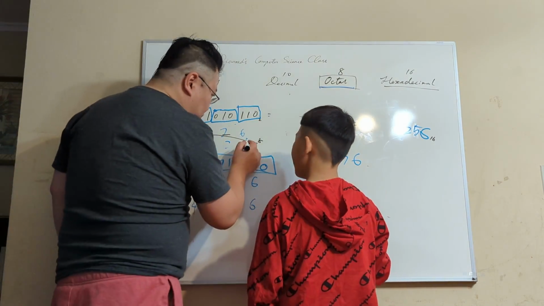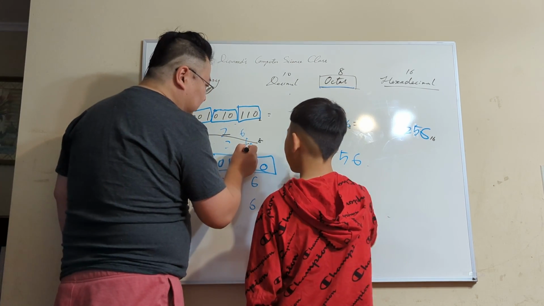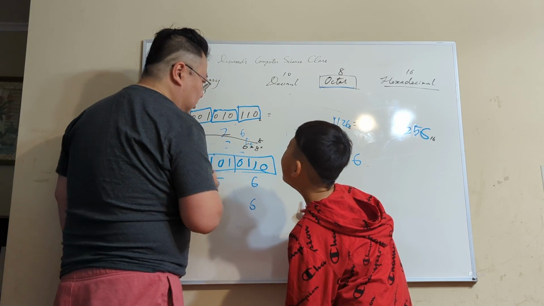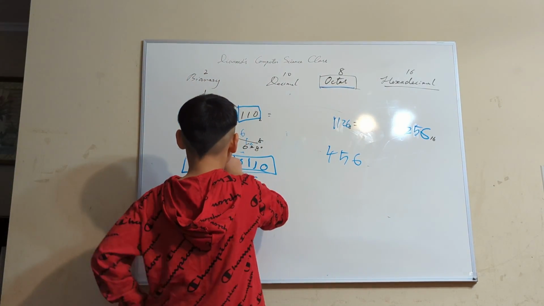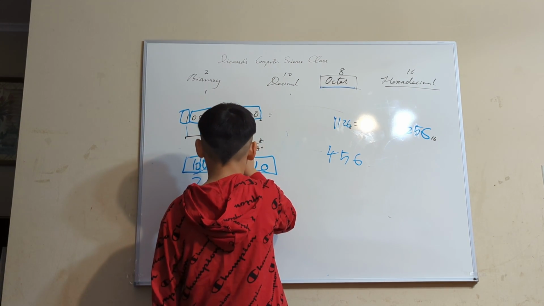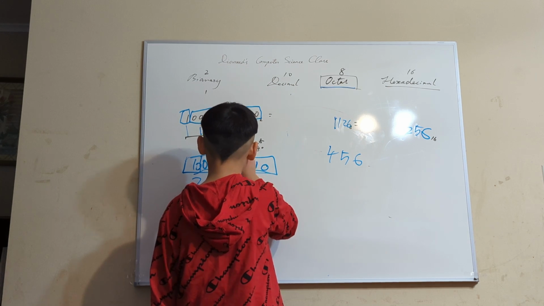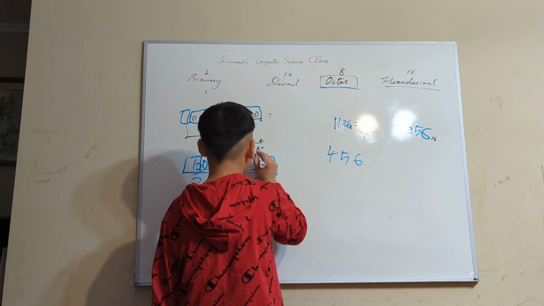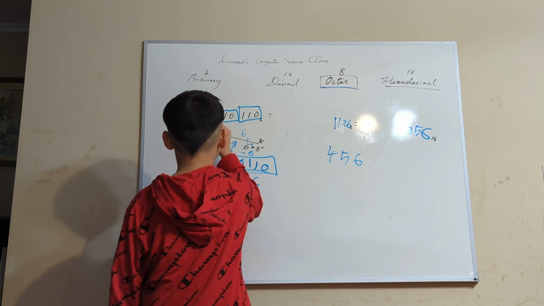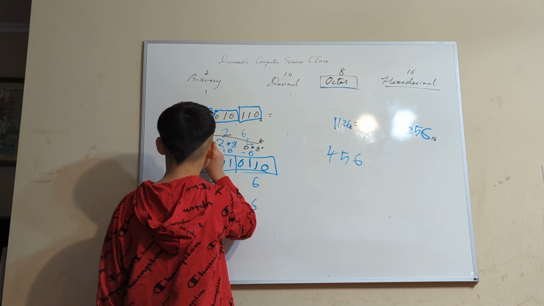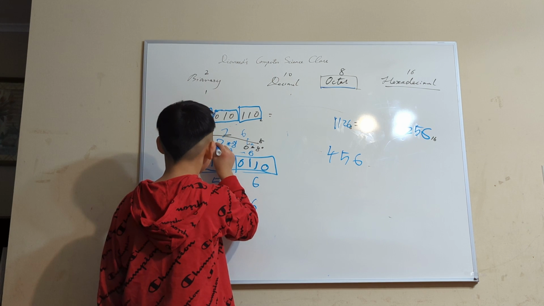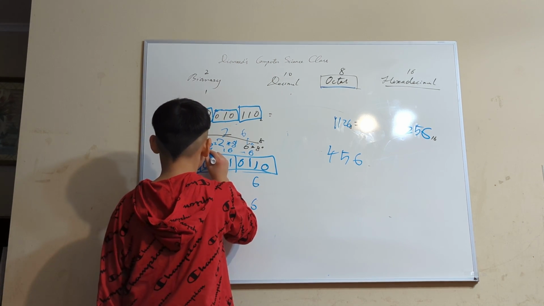So what you wrote here is 6, right? Why is it 6? Because it's 6 multiplied by 8 to the 0. Oh, yeah. Now I know. So this is 2 multiplied by 8 to the 1, and that's 16. Yes. And this is 6. And this is 1 multiplied by 8 power of 2, and that is 64.